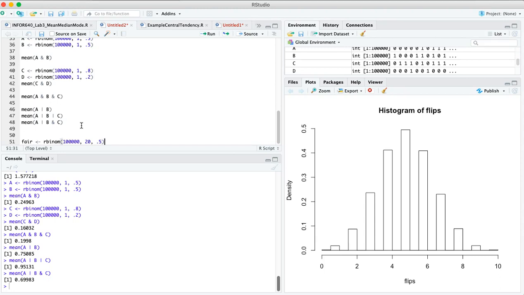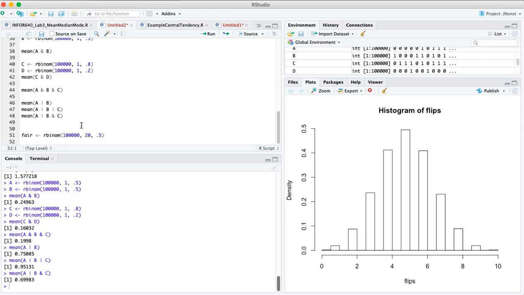Okay? And I'm going to assign F to the sum of fair equal to 14.